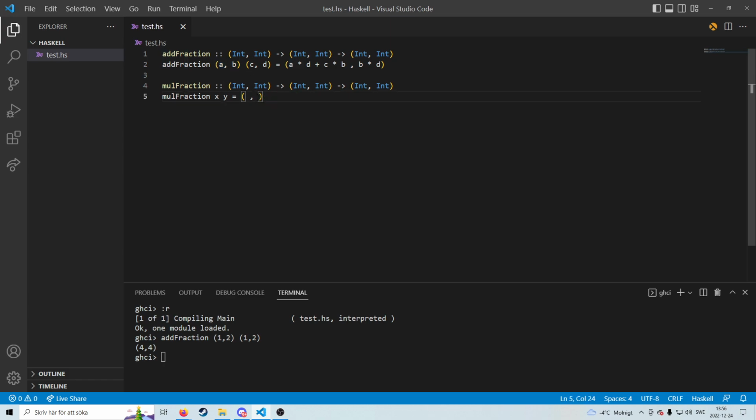And this is useful in this case, because we can do second of x times second of y in our denominator, and our other one is going to be first of x times first of y. And this is the same thing as writing this. Maybe you think it looks neater, maybe you don't. It's just good to know that you have these functions. They are quite useful.